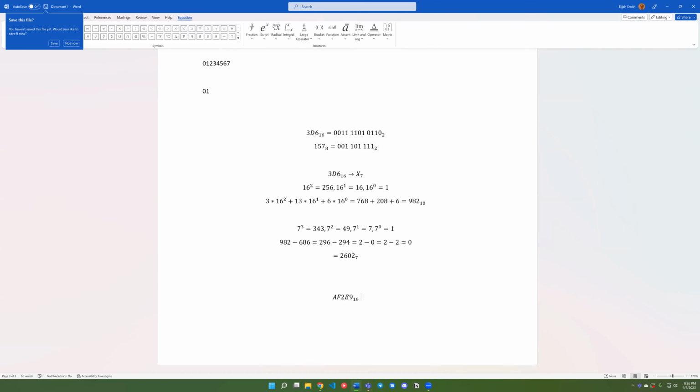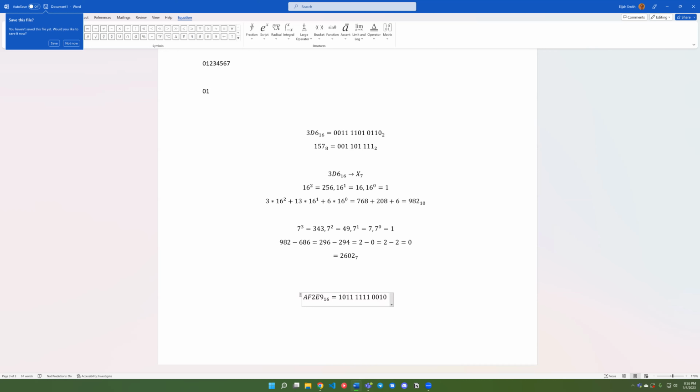And this is in base 16. So if we convert each of these into binary, they're individual binary representations. A is 11, so we have an 8 plus 2 plus 1, that equals 11. And then F is 15, which means everything is a 1. 2, we only put a 1 in the 2 digit.